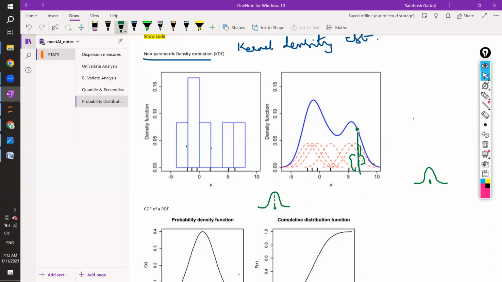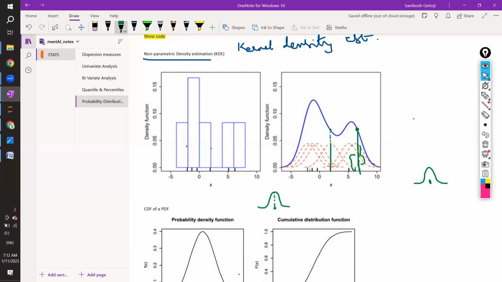Getting? For this point, if you see, you have 1, 2, 3, 4. 4 points. It is intersecting all the curves. Agree? Add all those and plot that, you will have some point.